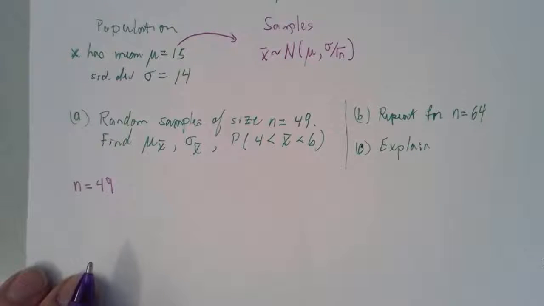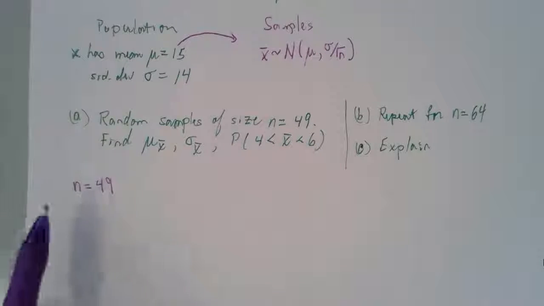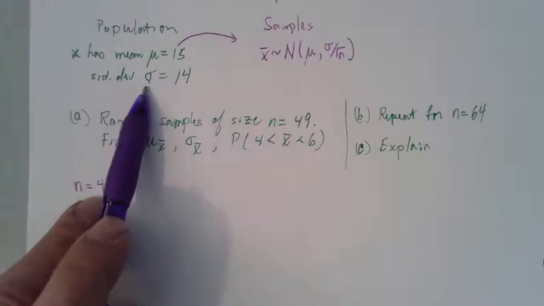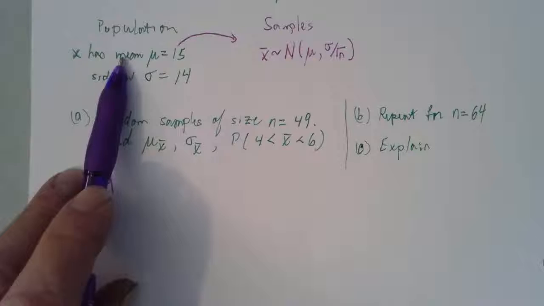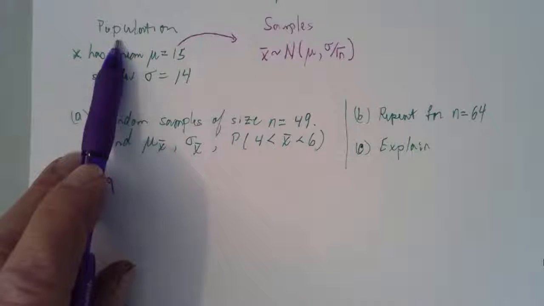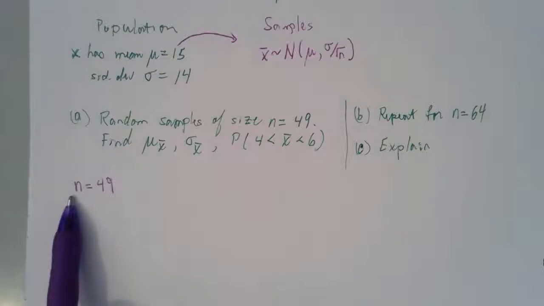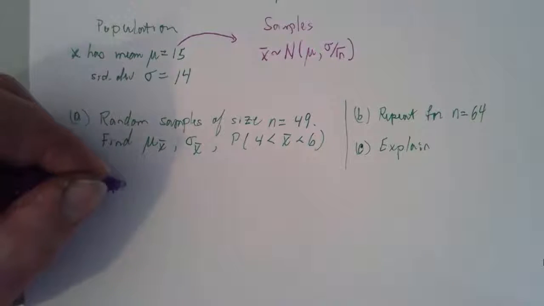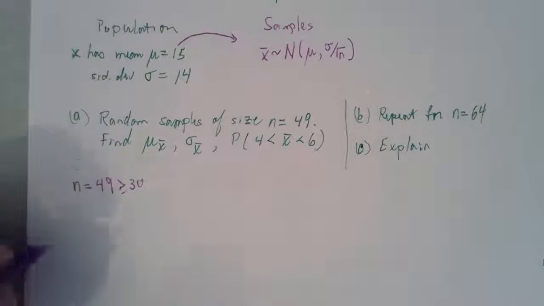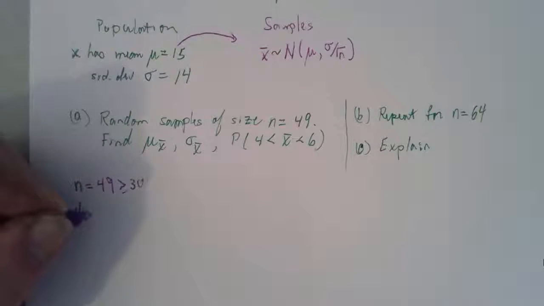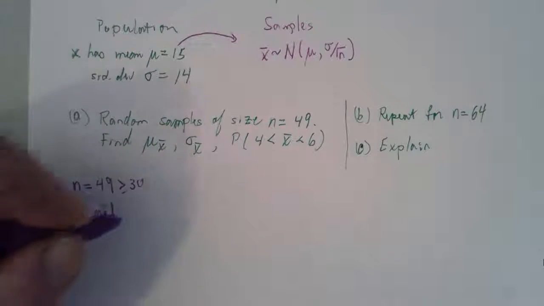In part A, we're told that the sample size is 49. So unless there was some strong skew or outliers in this original population, it would be reasonable to think that the x bars coming from these samples of size 49 are normal because the sample size is at least 30. So we are expecting a normal distribution for x bar.